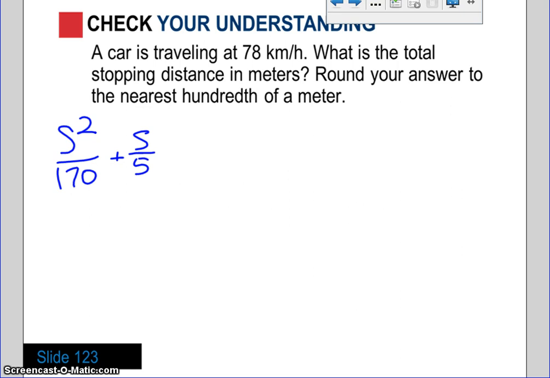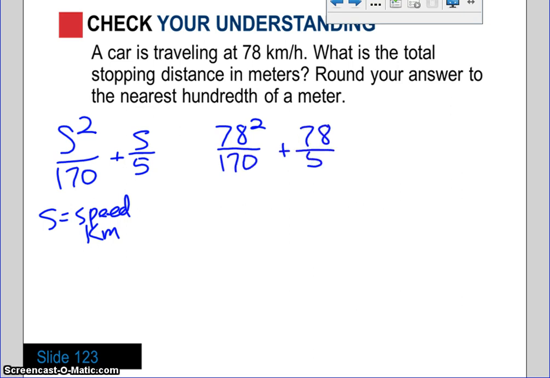So we're using this formula, remembering that S equals speed in kilometers per hour. Plugging it in, I've got 78 squared divided by 170 plus 78 divided by 5. When I plug that into the calculator, I get approximately 51.39 meters.